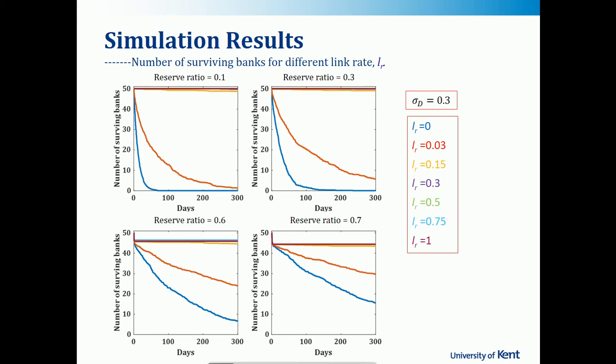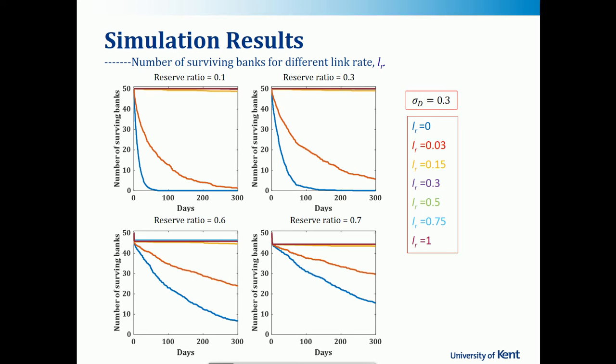We see the number of surviving banks increases significantly as the link rate increases from 0 to 0.3, and then to 0.15, which is from the blue line to the yellow line, but with higher link rate from 0.3 to 1, more banks survive and not significant differences exist for the different cases.